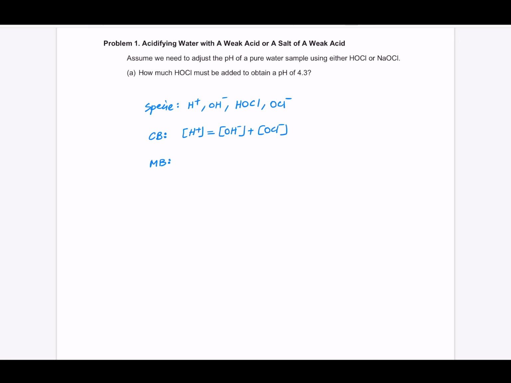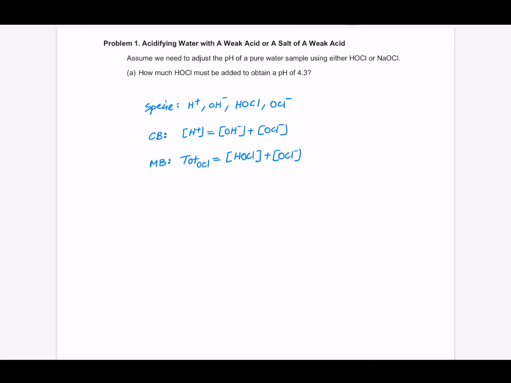Just keep in mind this is a closed system, so we have this mass balance. So the total OCl that we add initially would be in the form of either HOCl or OCl minus. And the ratio, as we know, is a function of pH.